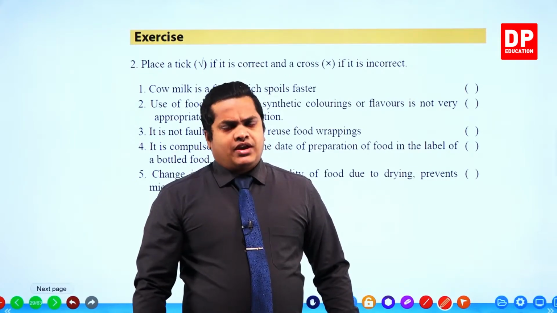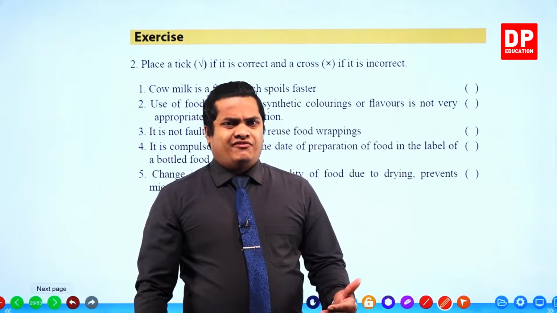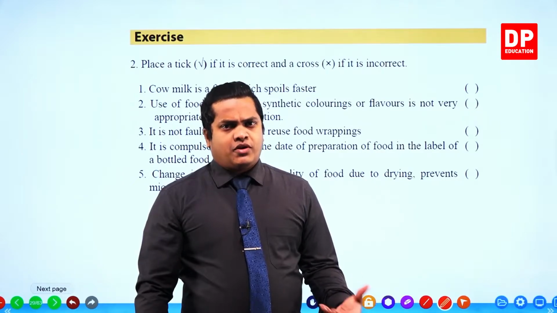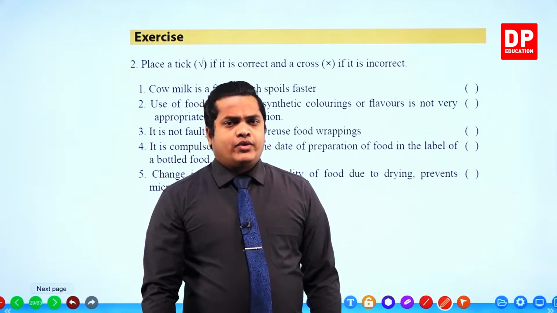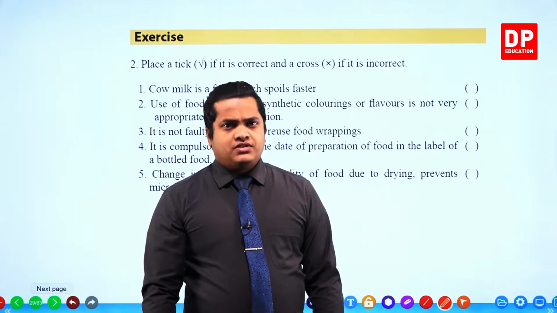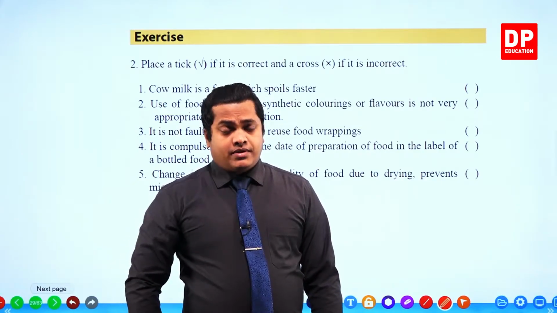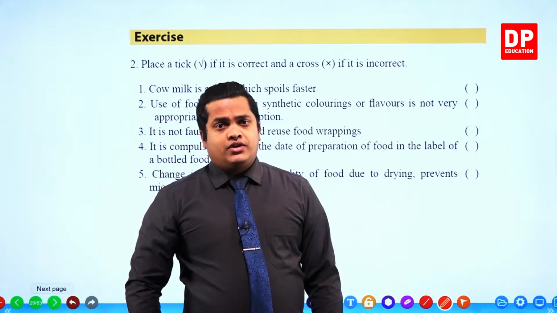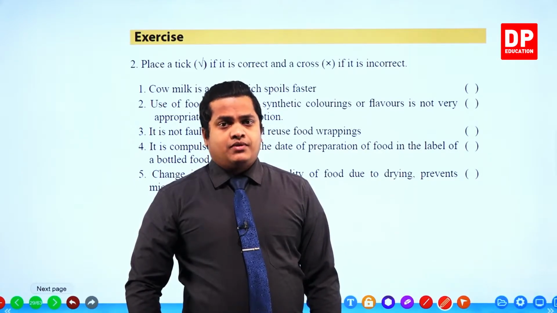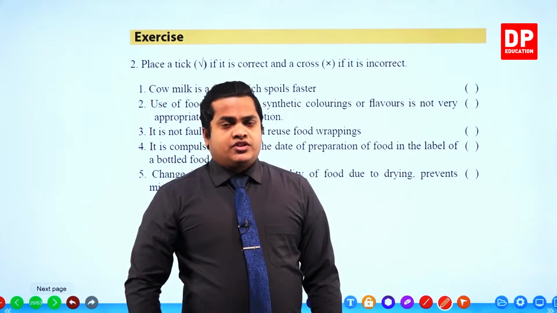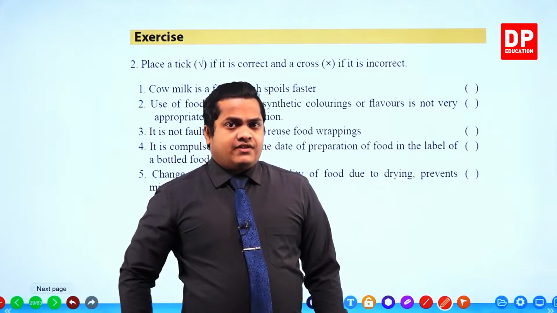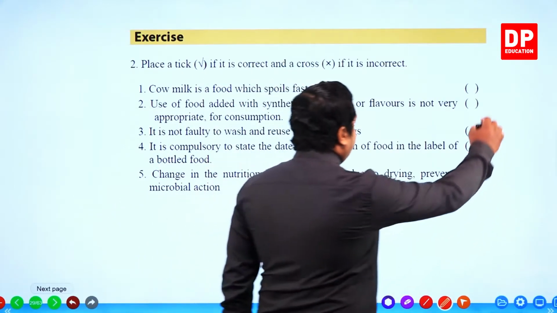You know that if you take cow milk, within a few hours it's going to spoil very fast. It's going to coagulate within a few hours. That original brightish white color is going to convert into a pale yellow color after a few hours. So it's because it's going to spoil very fast. So it's correct.